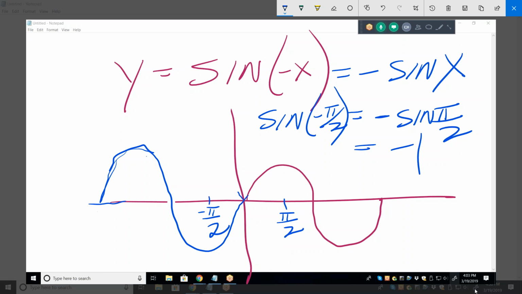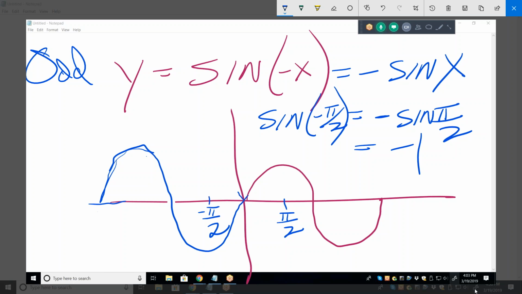And notice it's also an odd function as opposed to an even function. An odd function says f of minus x equals minus f of x. And if that is true, then it is symmetric about the origin.